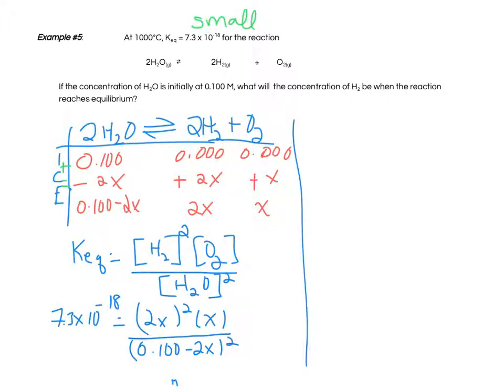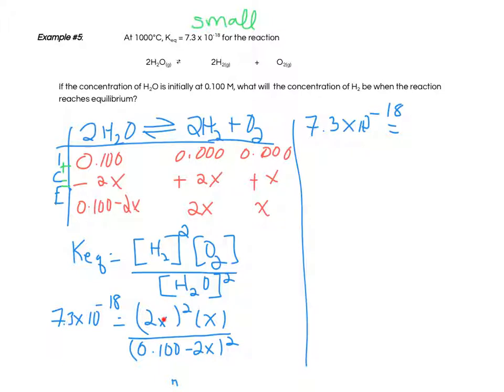Let me create another little column here. And what I'm going to do next is see if I can simplify this. So let's take a look at this. So we'd have 7.3 times 10 to the negative 18. And this is one thing worth mentioning. Often, this is a mistake I see often, when people are squaring 2x all squared, sometimes they will write 2x squared. But remember, this exponent of 2 applies to the base 2 as well.